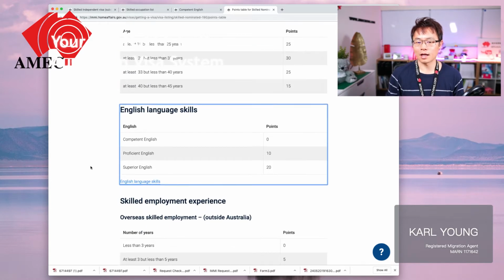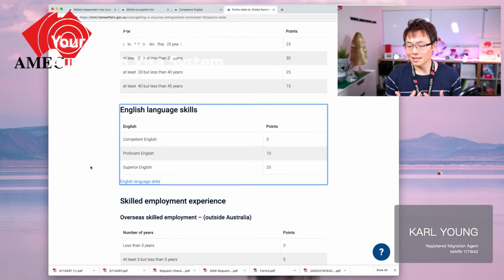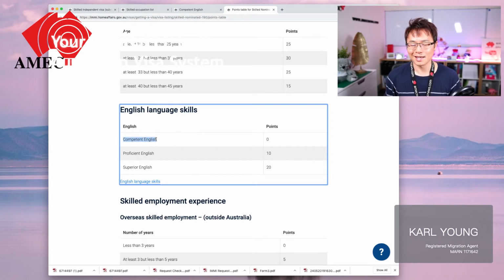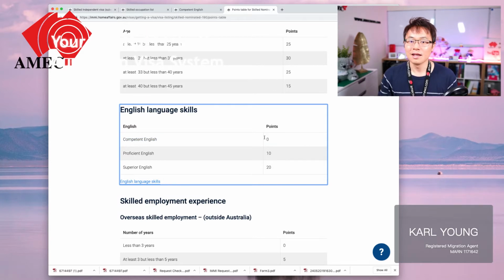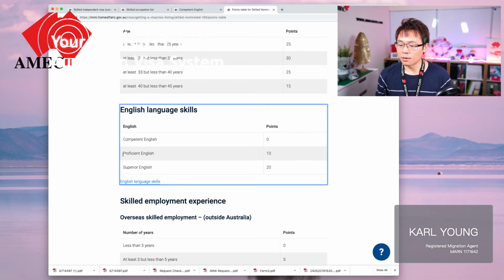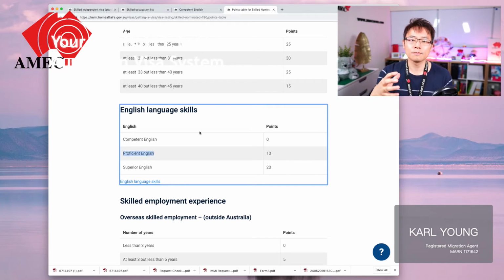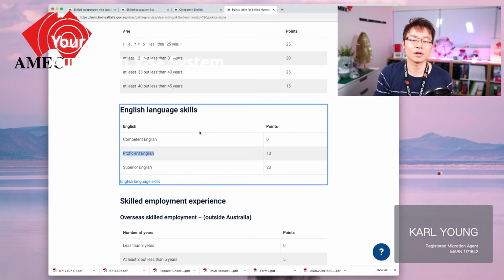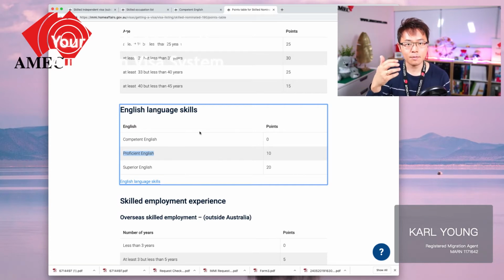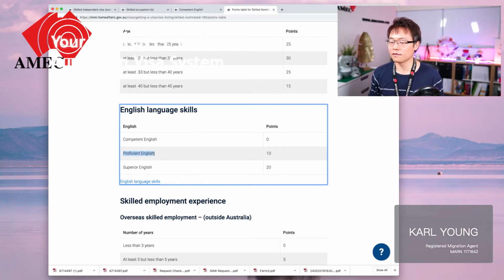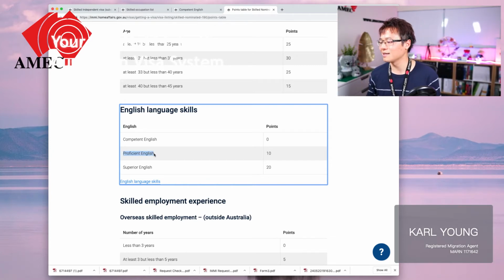Now for English language, I want to take more time to explain. You do not wish to just meet competent English, which is IELTS 6, because you can see you get 0 points. What I would recommend to anyone from now into the future, if you want to migrate to Australia, is to aim at IELTS 7, which is a proficient English level, because if less than 7, you get 0 points.